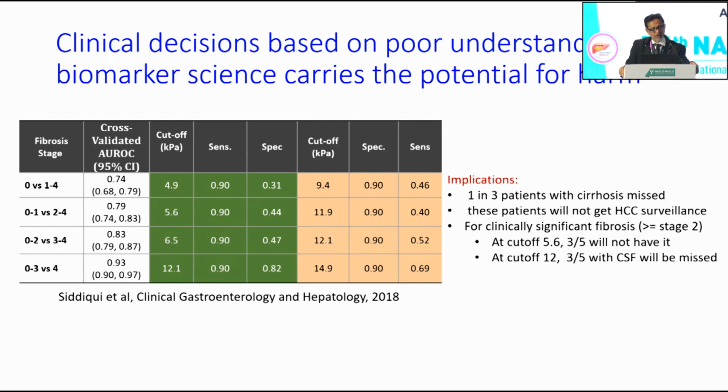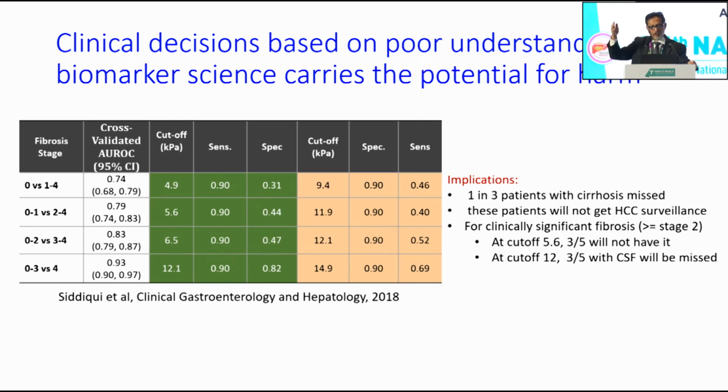And what you see is fibrosis stage 0 versus 1 to 4, 0 to 1 versus 2 to 4. You can read that. You have the AUROCs next to it. You have the cutoffs. And then we did 2 things. One, to rule out, we held the sensitivity at 90%. And then we looked at what the specificity would be.